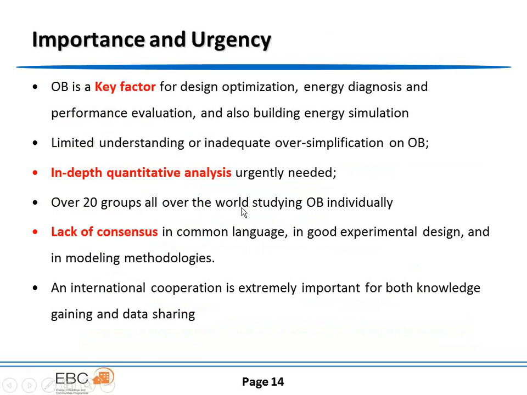So we talk about how it's a key factor for design, performance optimization, and evaluation, and we know very little because we don't have data. Because when we research behavior, it's not something you can do by survey.